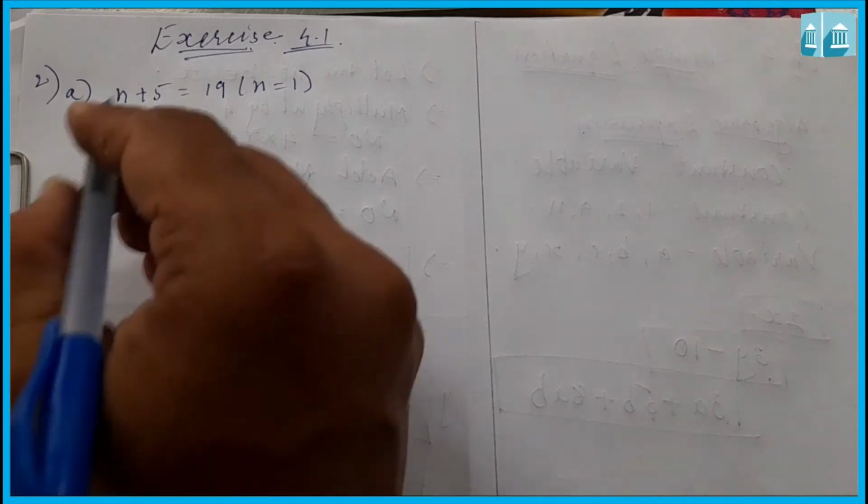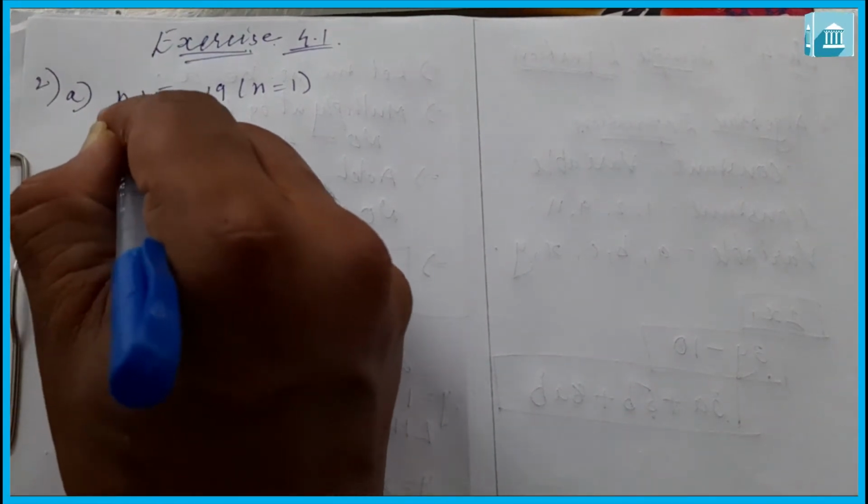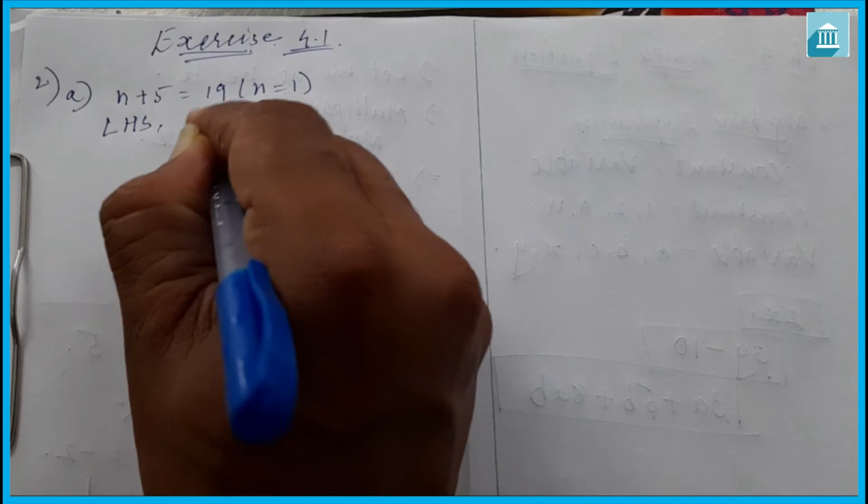So we have to check whether, if we put n is equal to 1, the equation is satisfied or not. So LHS is equal to n plus 5.